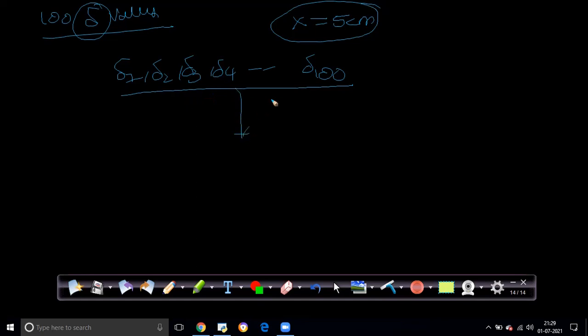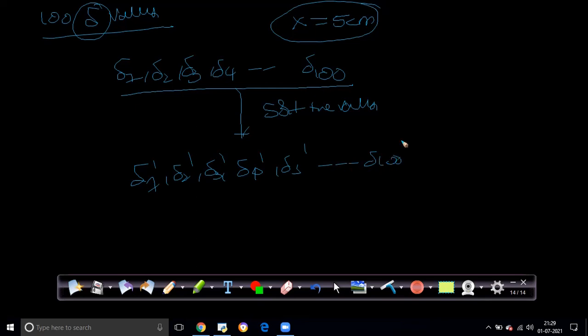So just sort the values, so you have delta 1 dash, delta 2 dash, delta 3 dash and so on up to delta 100 dash.